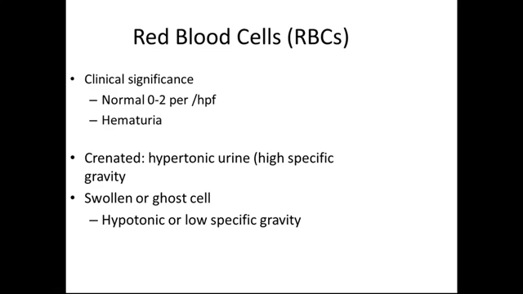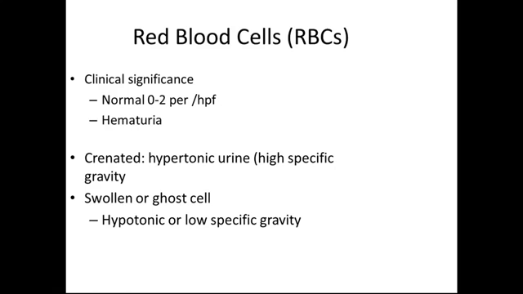Red blood cells, or RBCs: normal is 0 to 2 per HPF, meaning high power field, or 40x. If there is an abnormal amount, we call this hematuria. Red blood cells can be either crenated or swollen, or ghost cells, and this is highly dependent on the specific gravity of the urine.